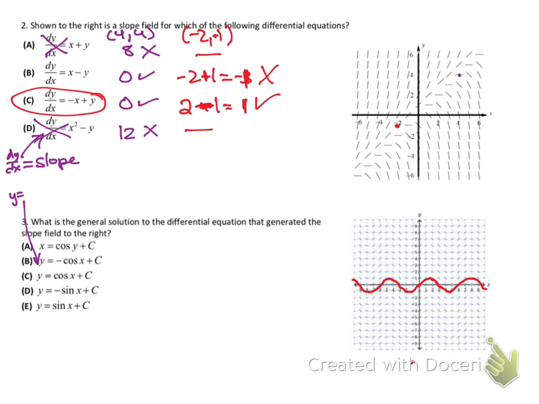And you may or may not remember, but it's a good idea to kind of know what the graphs of sine and cosine look like. This one that has a point at 0, 0, that looks like the graph of sine, and it's a positive graph of sine. So my answer for this one is just going to be E.